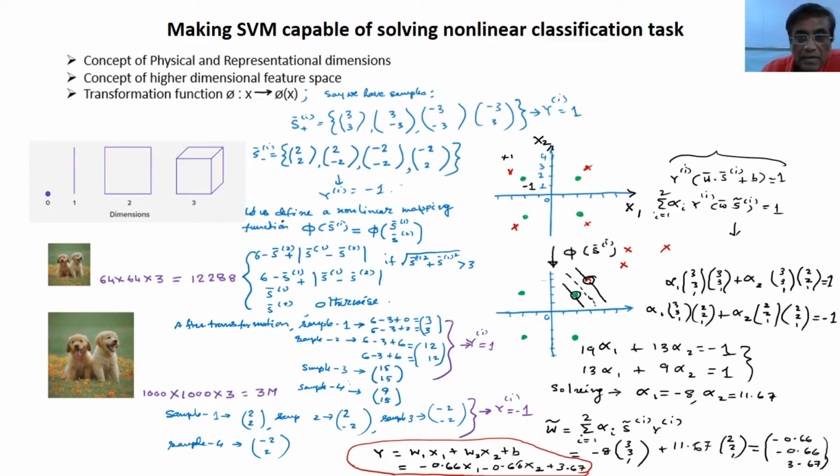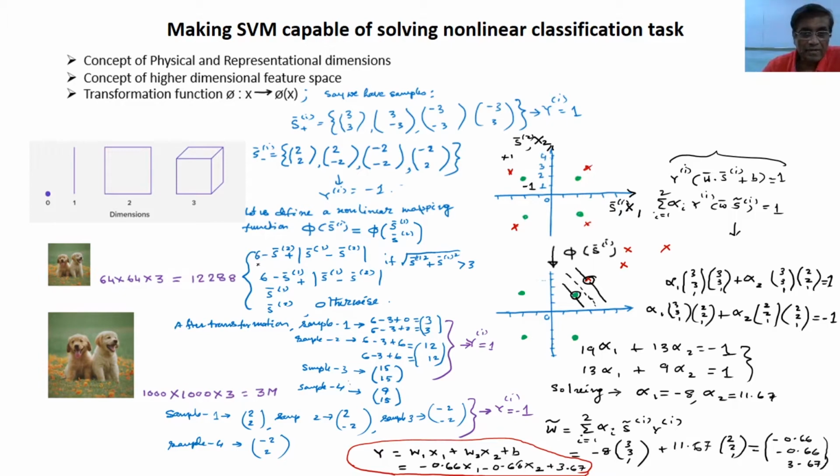Now let us define a nonlinear mapping function phi, from 2D to 2D. Don't confuse with the notation, it is very simple. Sample, that's why I thought S will be a good symbol.